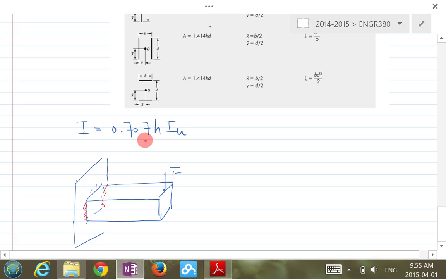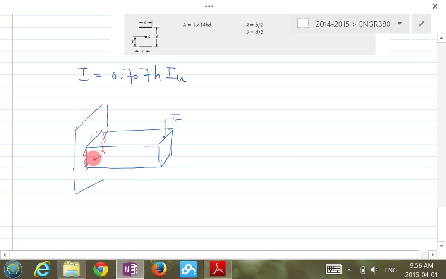So there is this theorem called the perpendicular axis theorem. Basically, J equals Ix plus Iy. So the moment of inertia about the x-axis and the moment of inertia about the y-axis, you add them together, it's the moment of inertia about the z-axis, which is the J. Was that okay?